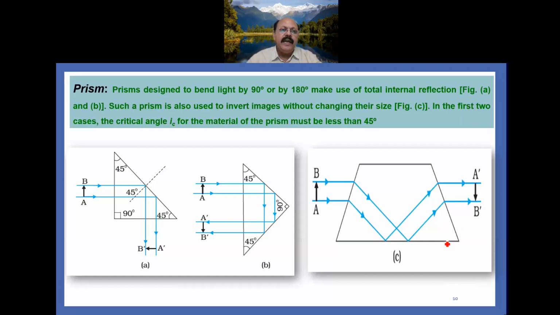So that's why you see here the ray diagrams of the objects which suffer total internal reflection when the ray of light passes through the prism.